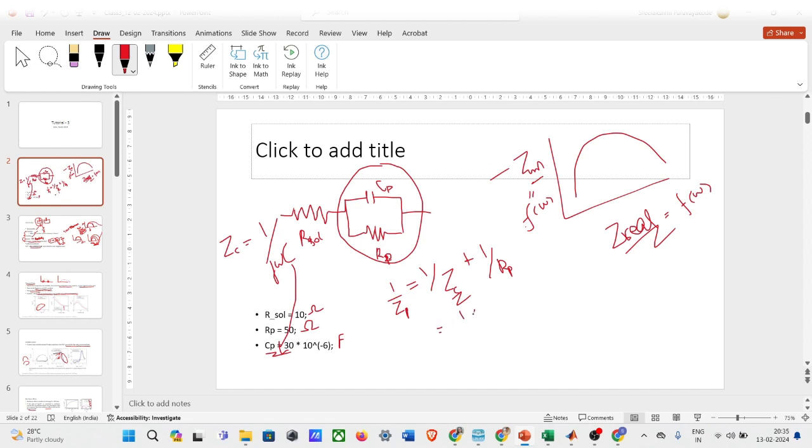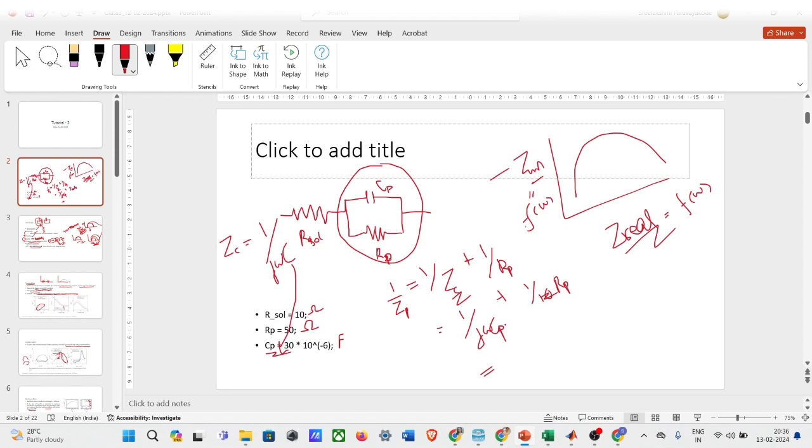Please try doing it. We can use the total impedance direct formula, real and imaginary. Yes, you can use that. I was just showing. Okay, 1 by 10 and this 30 into 10 to the power minus 6. I'll write this as RP. Basically, what I'll prefer is you can do it how you want.